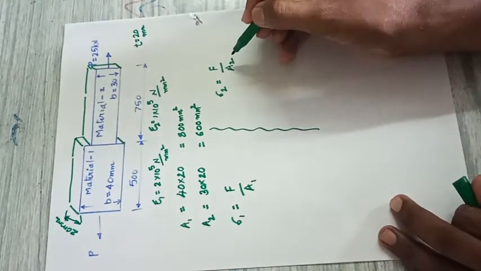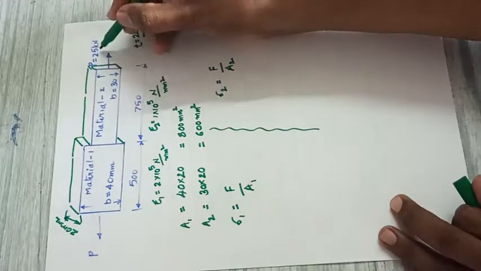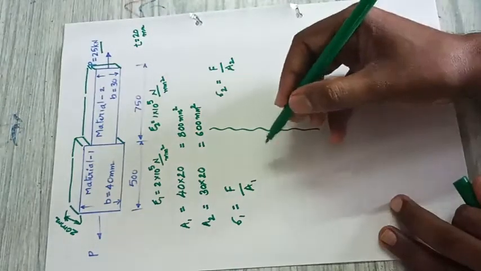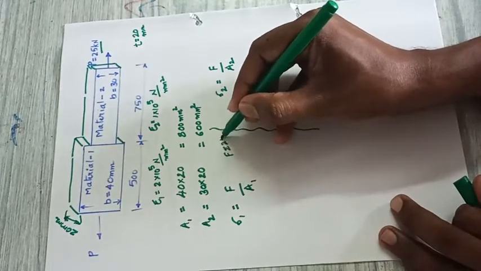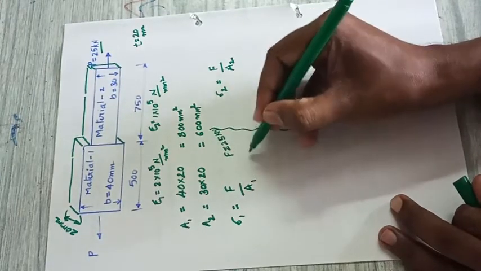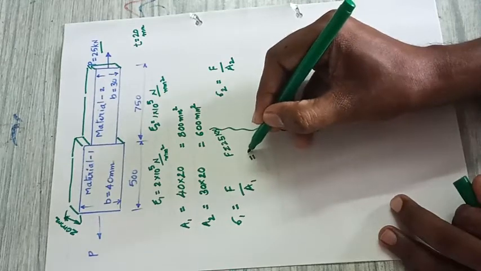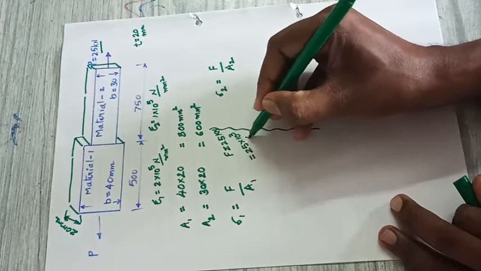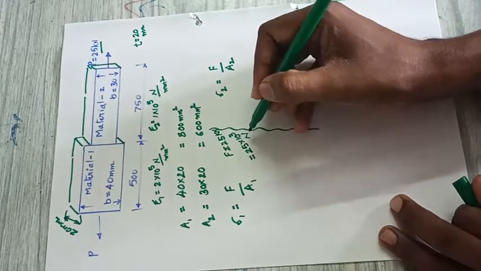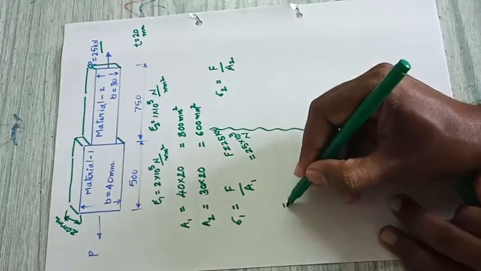The force will be the same, that is 25 kilonewton. F is equal to 25 kilonewton. We convert kilonewton to Newton, it is 10 raised to 3 Newton.